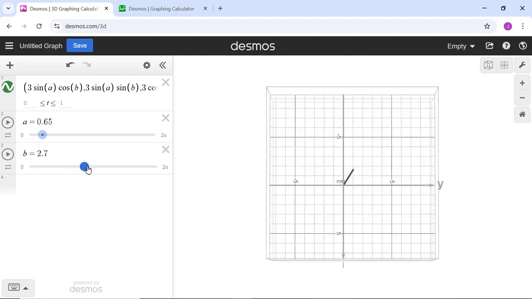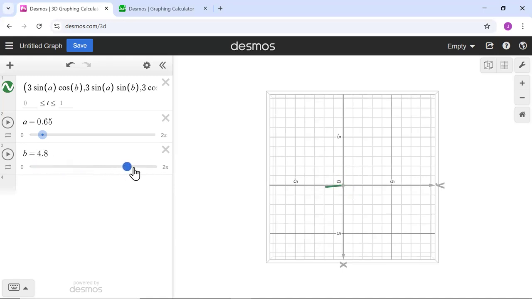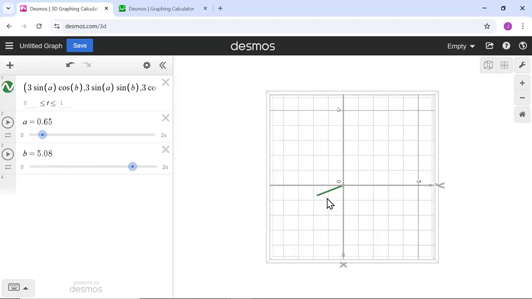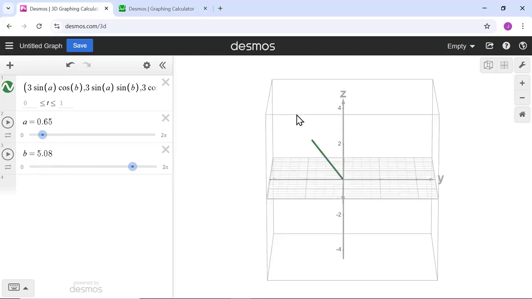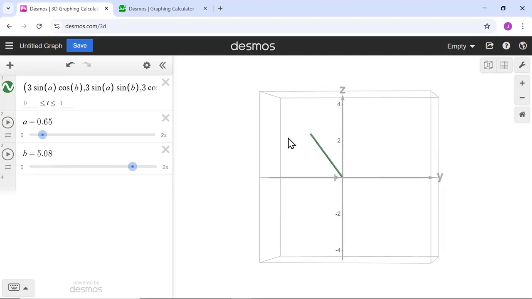My theta circles around the XY plane, sweeps like a circle in the XY plane. My R would extend that out. Right now, I've just set my R as 3 so we can see it.